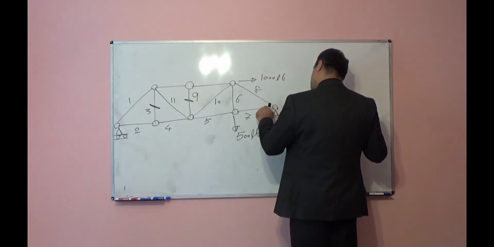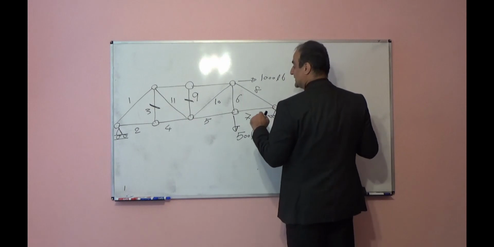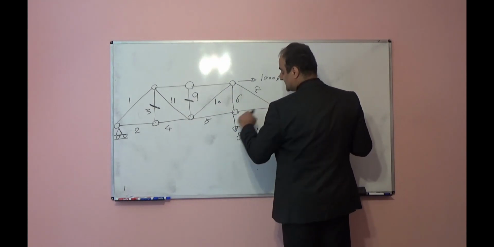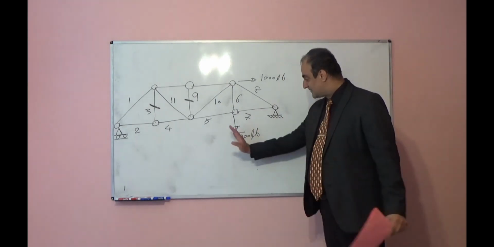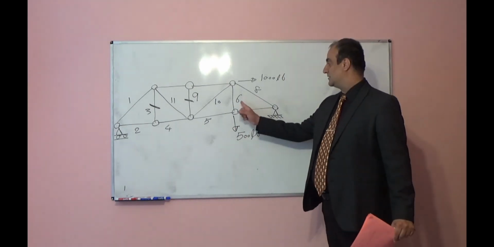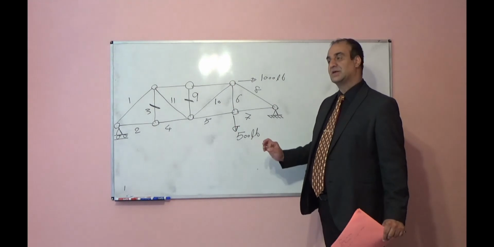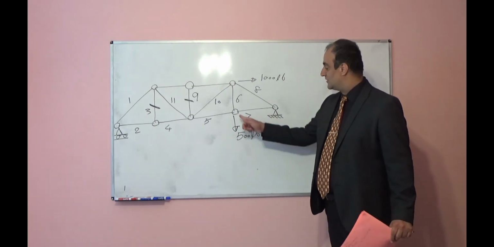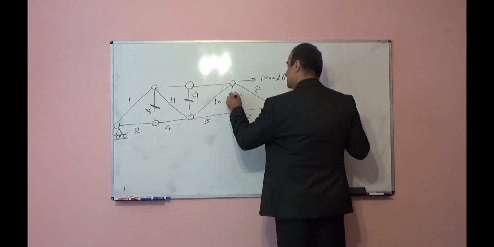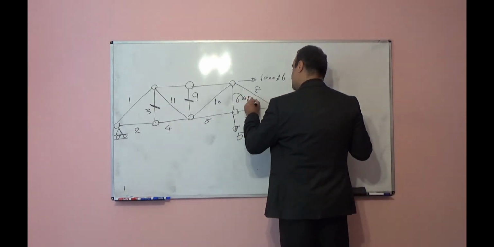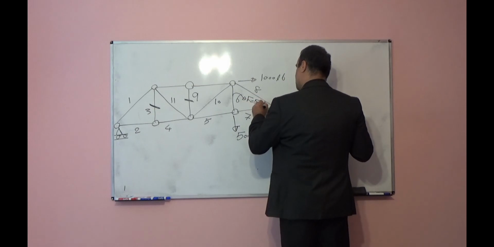This joint, 1, 2, but we have a support, we cannot tell. Here, this one, 1, 2, 3. If we didn't have this 500 pound, member 6 internal force was 0. But now we have this 500. So the internal force will be equal to 500 pound.